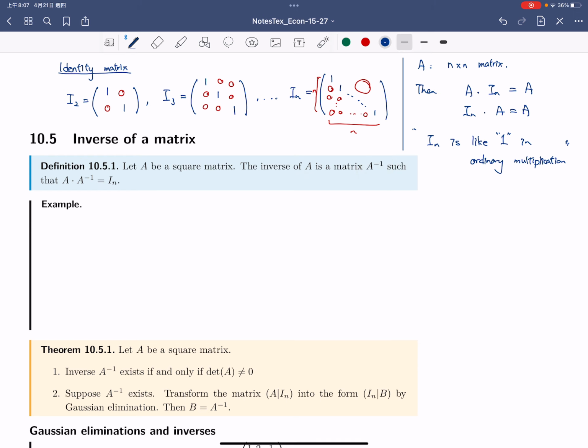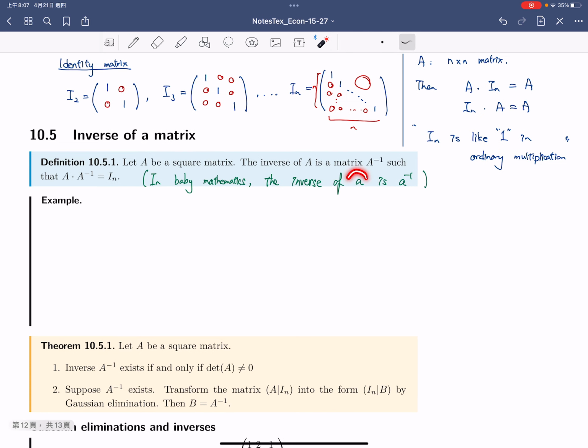It's like in baby mathematics, the inverse of a number A is A to the minus 1, because when you multiply these two numbers together, you get 1. In matrix theory, when you have a matrix multiplied by some matrix and you get the identity matrix, we call that matrix the inverse matrix. So this is the definition.